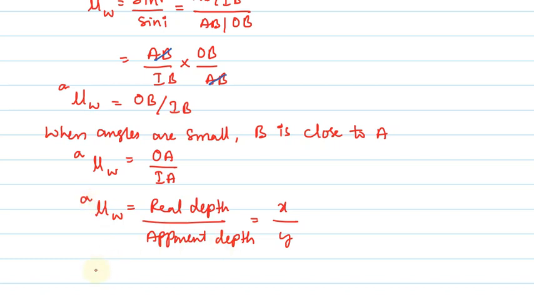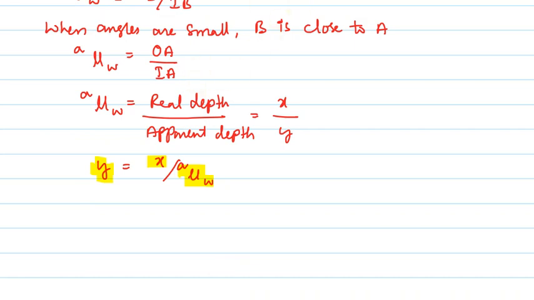Then Y is equal to real depth X upon refractive index of water with respect to air. So this is a relation between apparent depth, real depth and refractive index of a given medium, that is denser medium, with respect to rarer medium.